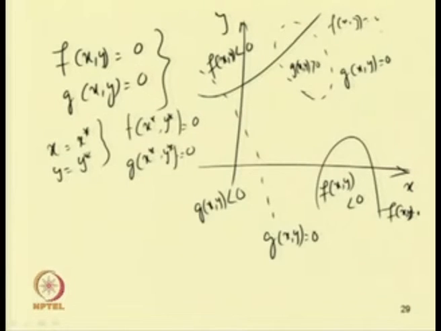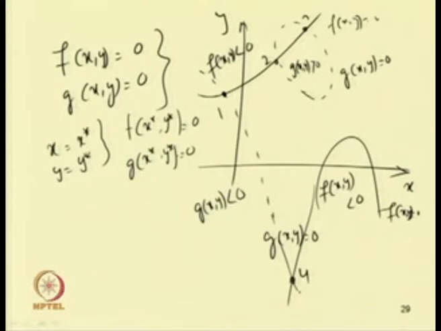So, we have to find these points: this is one point, the second point, the third point in this particular case. Let me extend this, so this is also one point. So, we have these 4 points, 1, 2, 3, 4.